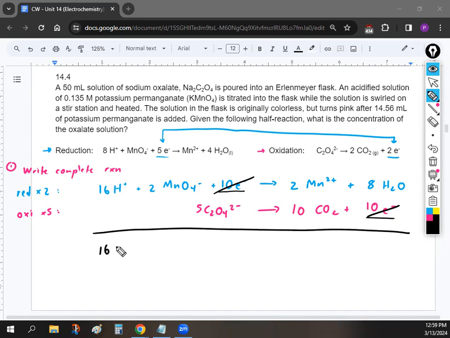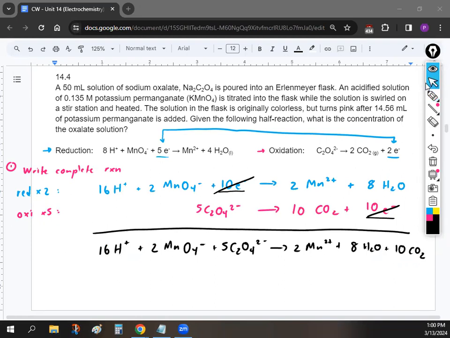So the complete reaction will be 16H+ plus 2MnO4- plus 5C2O4 2-. That's a long reaction. 2Mn2+ plus 8H2O plus 10 CO2. And that is your complete reaction.